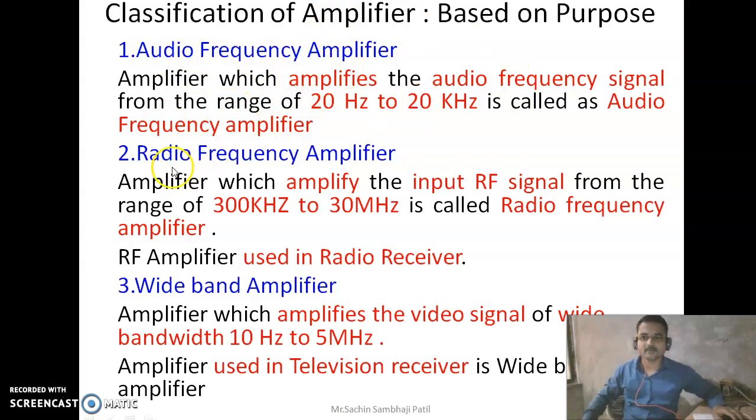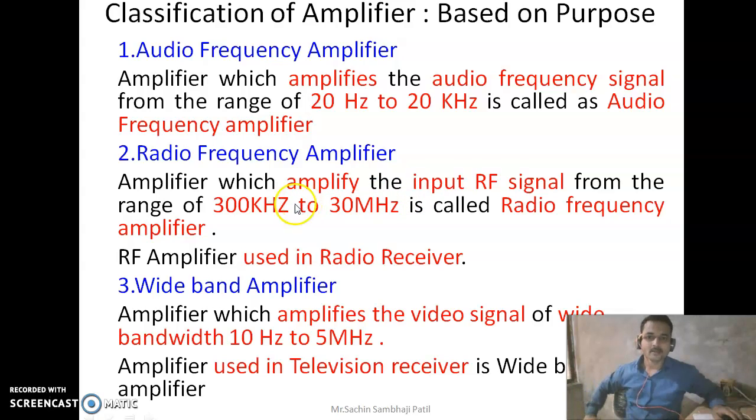Radio frequency means radio signals. In the air there are so many signals: radio signals, satellite signals, mobile communication signals, television signals. The radio signals used by All India Radio use ground wave and sky wave propagation.